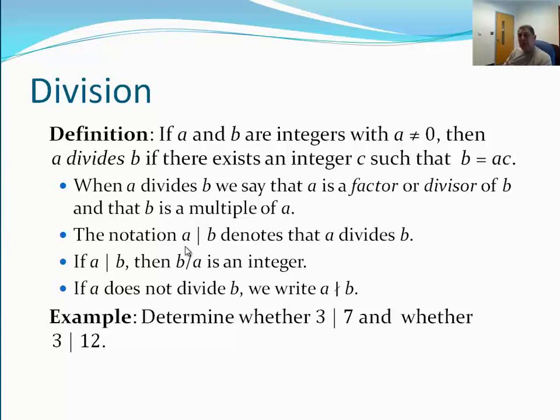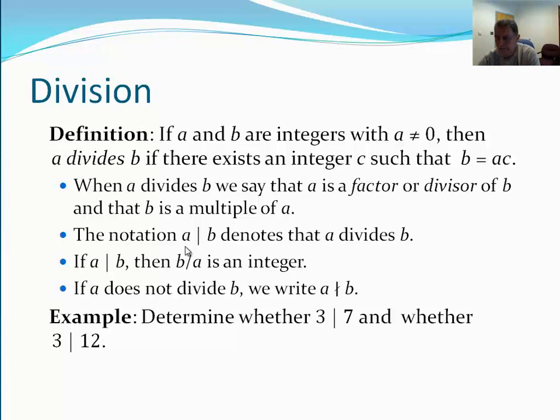If it is 0, it is an unknown factor in mathematics, and you will see why. We say A, the denominator, divides B, the numerator, if there exists an integer C such that B is equal to A times C.